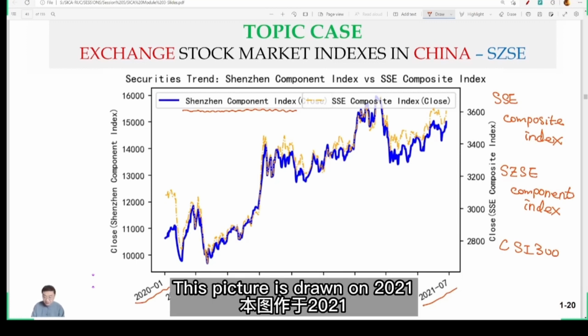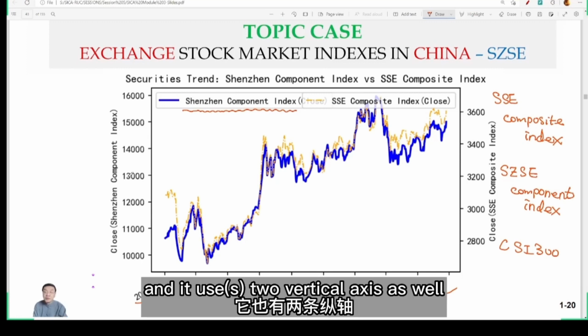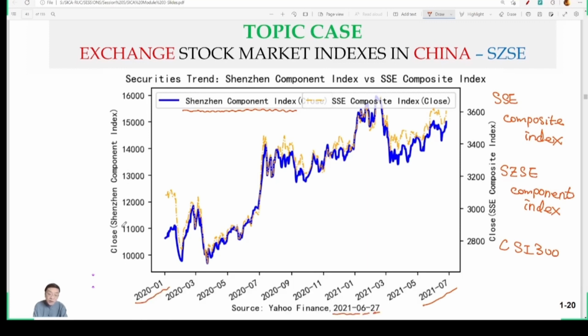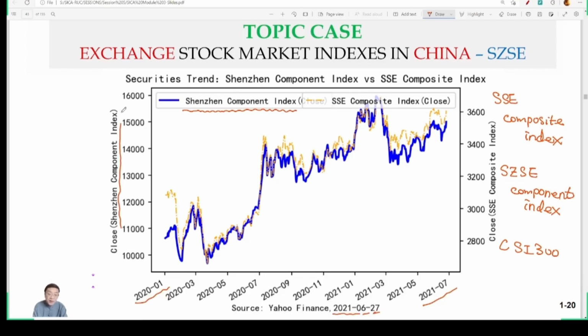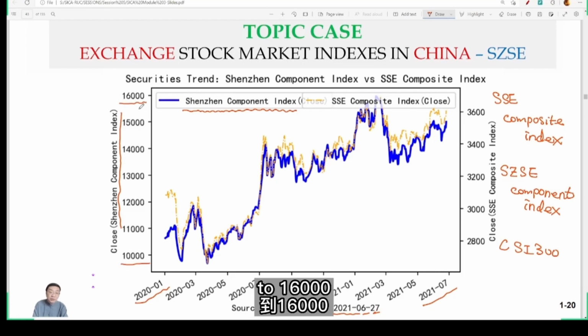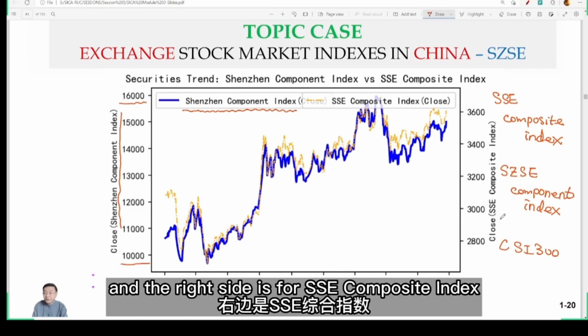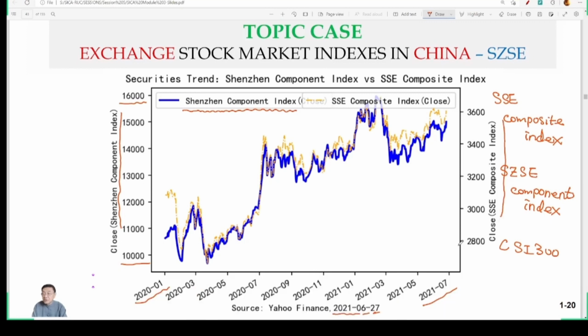This picture is drawn on 2021, June 27th, and it used two vertical axes as well. The left one is the Shenzhen Component Index. Let's look at its order of magnitude, from 10,000 to 16,000. And the right side is for the SSE Composite Index. Its order of magnitude is 2,800 to 3,600.